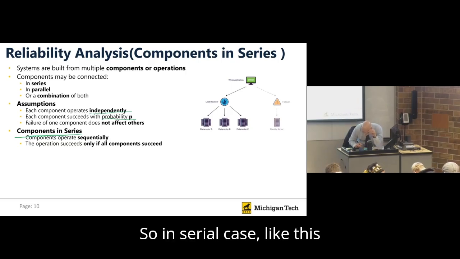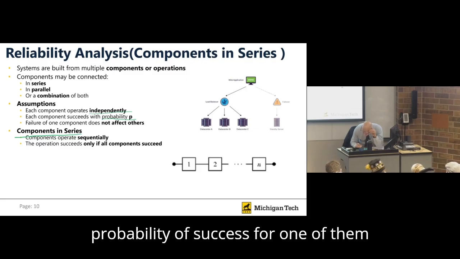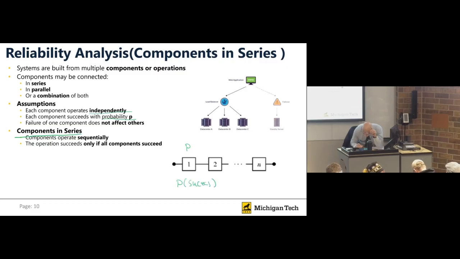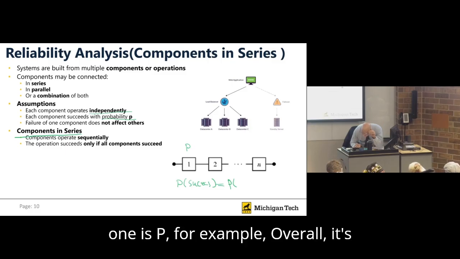In a serial case, like this picture, if the probability of success for one of them is P, the probability of success for all of them requires each one to succeed.